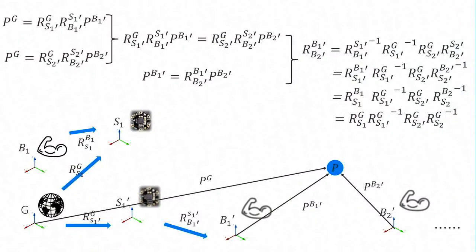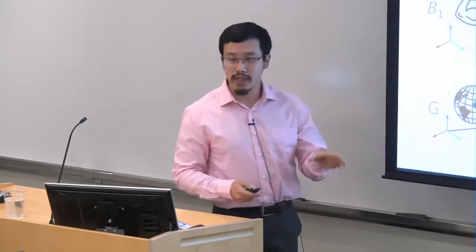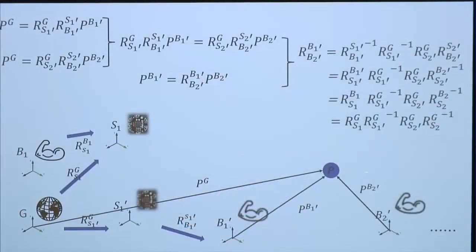So after the definition, we can go into the kinematics chain, go into the equation, and try to recover the joint angles. So back to the representation of a point in the 3D space. If we have point P here in the 3D space, we can represent it in the global frame for sure, which is P represented in G, PG. So we also write it here. And also we can represent the same point in our body frame after motion, B1 prime.